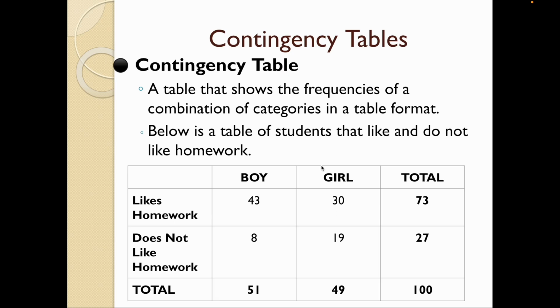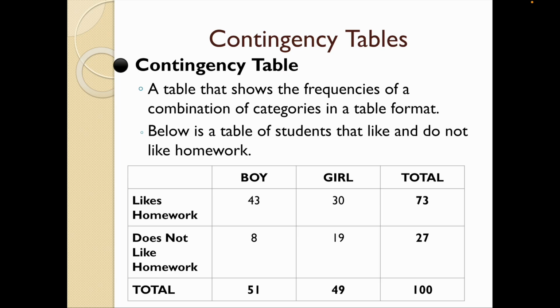All right, so what I want y'all to do is take down this information. I want to ask some questions to make sure that you understand how this is read. All together, how many students do we have? 100. 100 students.